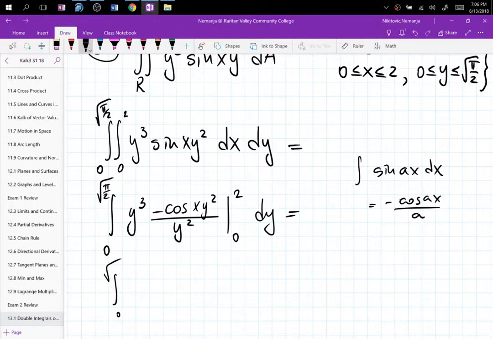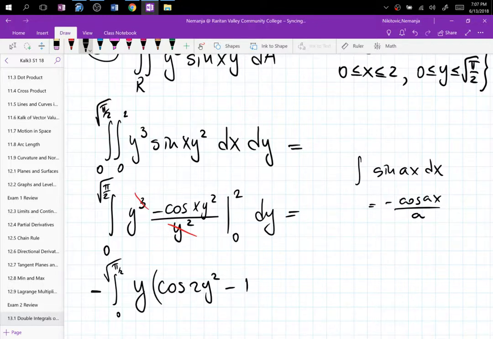So integral 0 to square root of pi over 2. This will cancel, and I will just have y. Yay! I have a negative in front of the integral, and I'm just going to deal with the cosine of 2y squared minus cosine of 0, right? And I factor out minus in front.